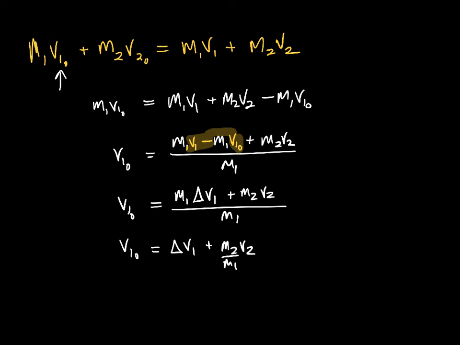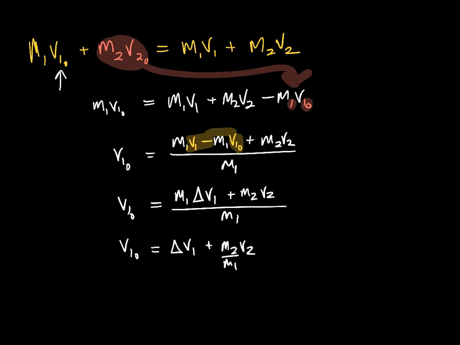There is a mistake in this. I can't subtract away the thing that I was solving for. That needed to be M2. That was what was supposed to be coming over here.